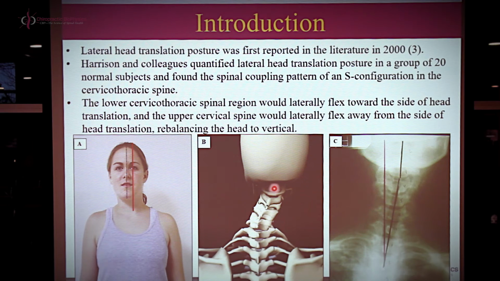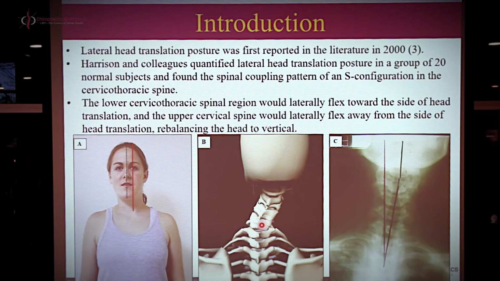We, in fact, did this, looking at how head translations affect the human spine. Well, in clinical biomechanics in the early 2000s, we studied this. We showed people with left or right head translation develop an S curvature in their neck when we look at it from the front or the back.